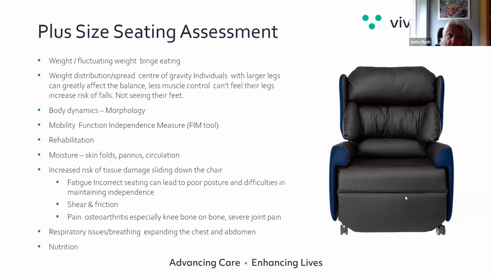When I'm doing a plus size seating assessment, I also use the mobility function independence measure, known as the FIM tool. Now, a lot of you might know what the FIM tool is, and it is a huge tool. But actually, you can take out of that FIM tool the sections that you need and design your mobility assessment tool from the basics of it.